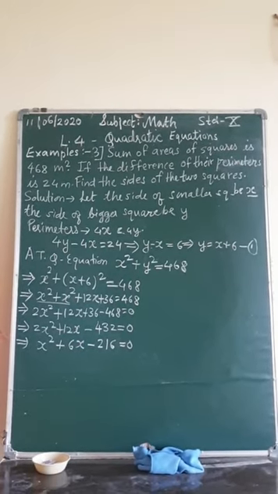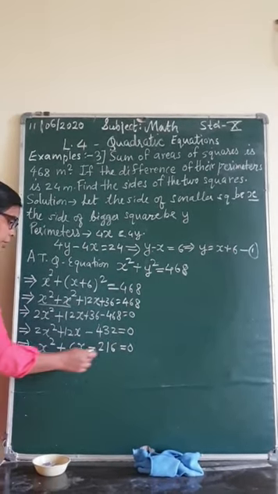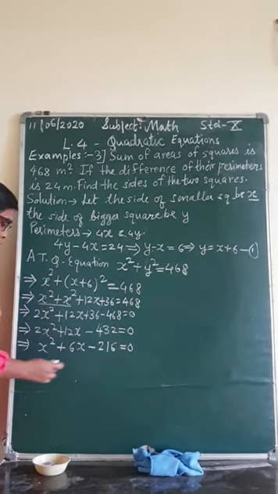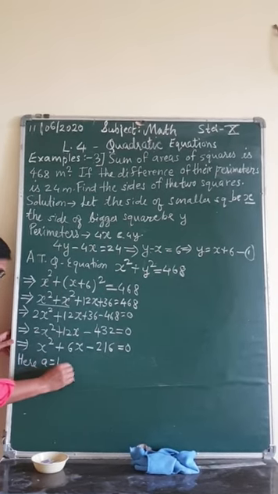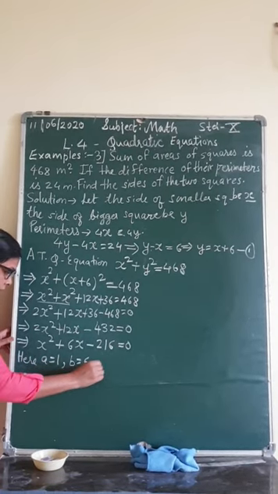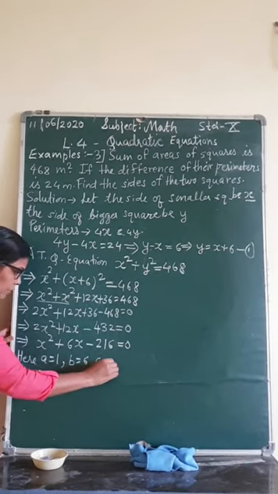So this is how we get the equation. Now if we compare this equation with the standard form of equation, that is ax square plus bx plus c is equal to 0, here we get a is equal to 1, b is equal to 6 and c is equal to minus 216.